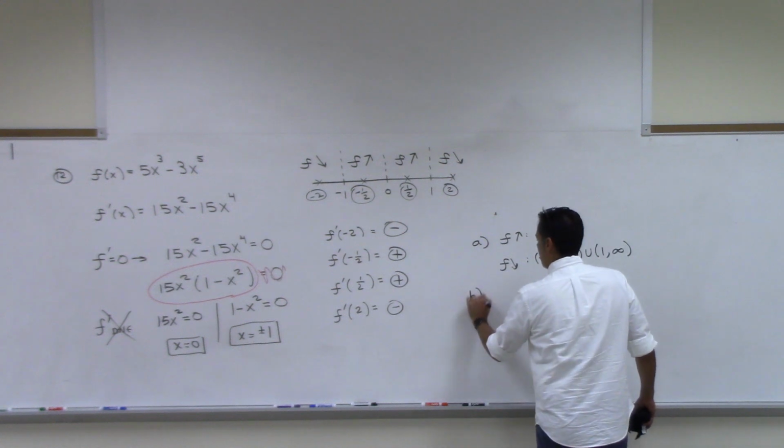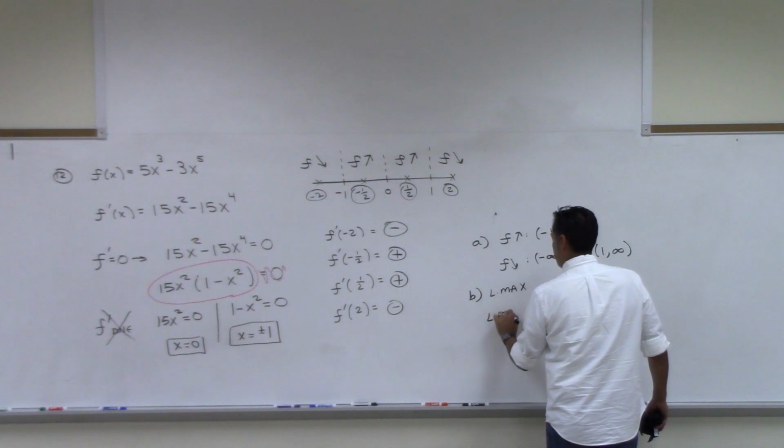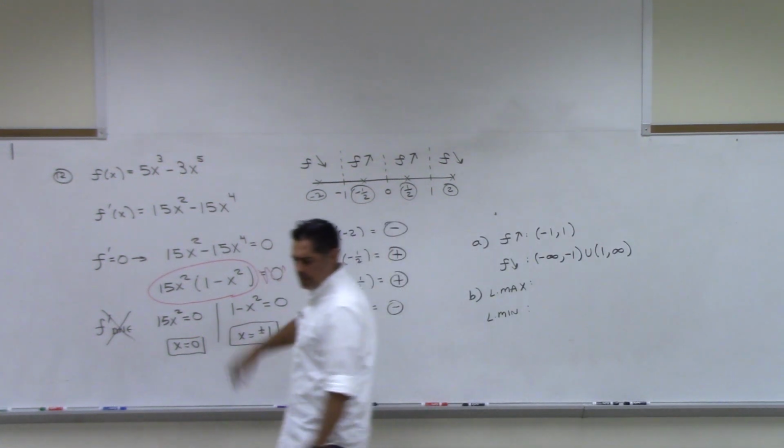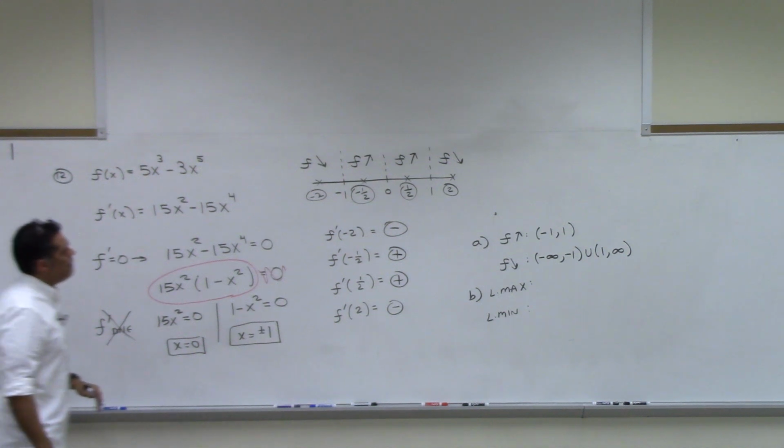Part B, local max, and then local min. All right, do we have any maximums? What are we looking for on that chart that we put up there? For a maximum, what are we looking for? Up then down, right? Up and then down, you have to be at a maximum. So that happens where?